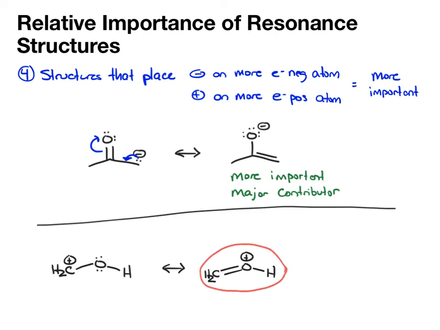But the one on the left has the positive charge on the more electropositive atom, because oxygen's more electronegative than carbon. So the answer is you want to apply these rules in order. So rule 3 supersedes rule 4. Having all atoms with octets is more important than putting the positive charge on the more electropositive atom.